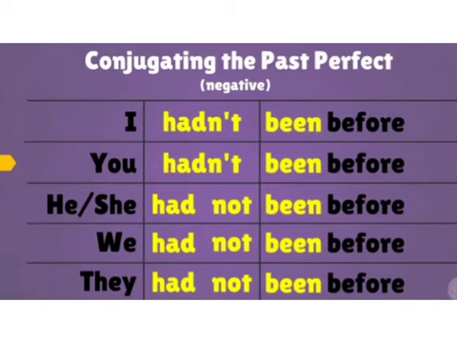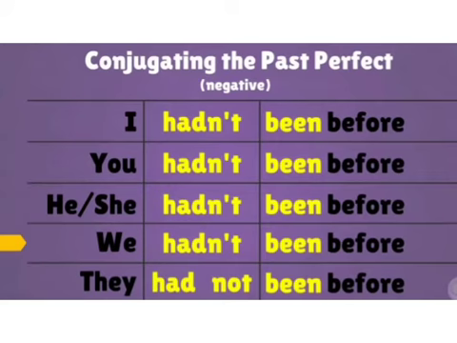Next, you just give a try by yourself, students. He hadn't been before. Yes. For she? Yes, she hadn't been before. Next, try we. We hadn't been before. Yes. And the last one is they. Yes, you are right. They hadn't been before.